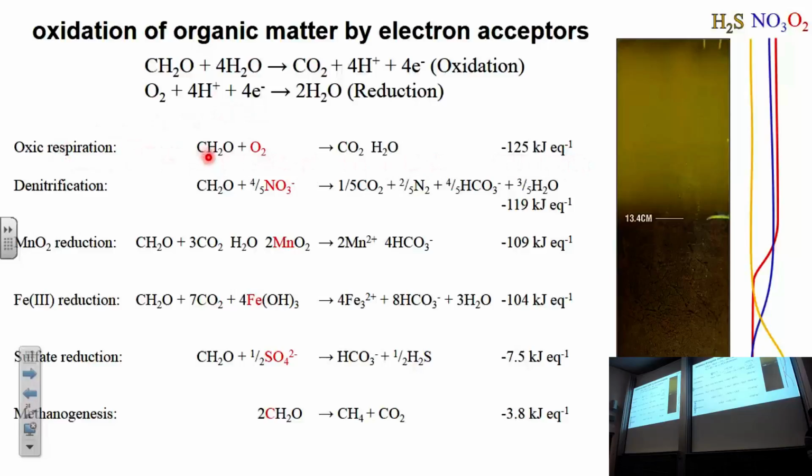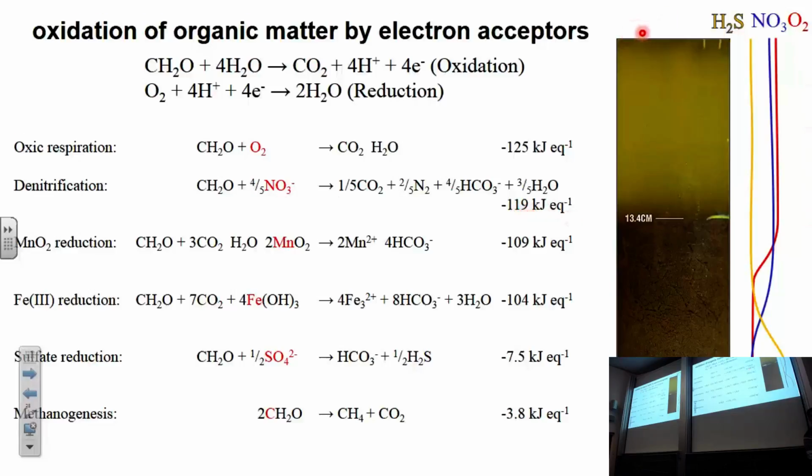So if you take 1 mole of organic carbon and some oxygen, you get some energy out. So bacteria that do that will dominate the population of bacteria until oxygen runs out. Then bacteria that like to use nitrate will take over, and they're quite efficient as well.